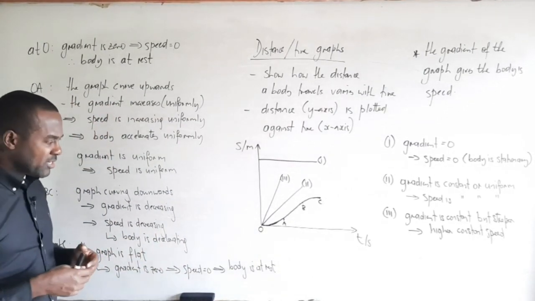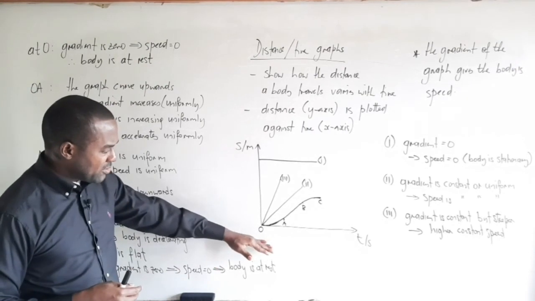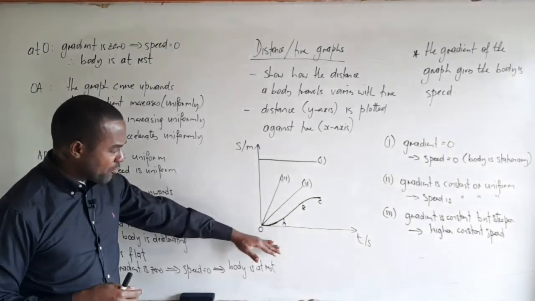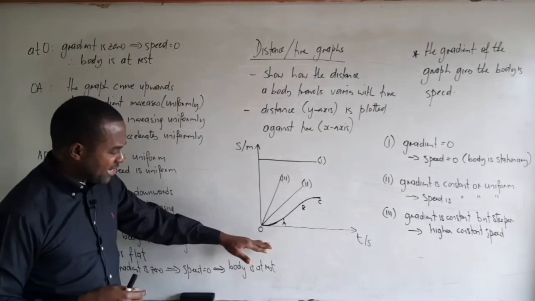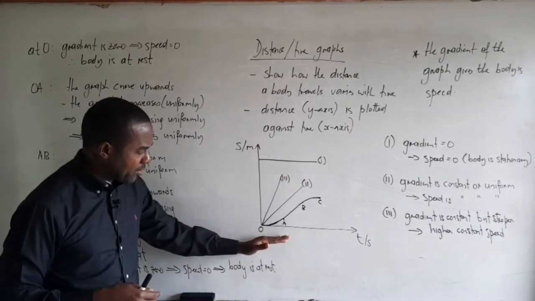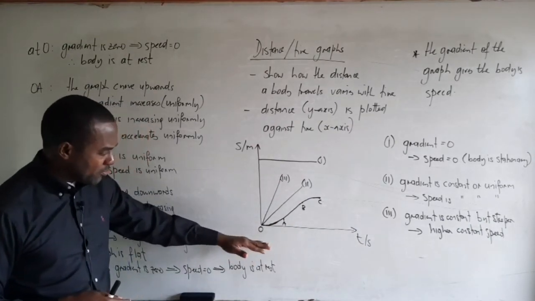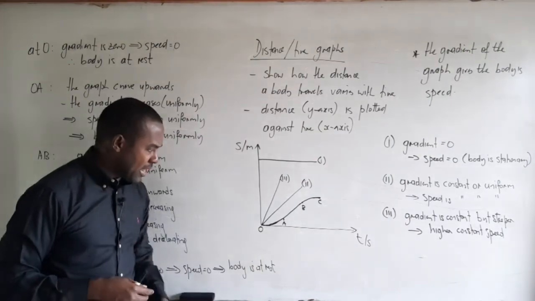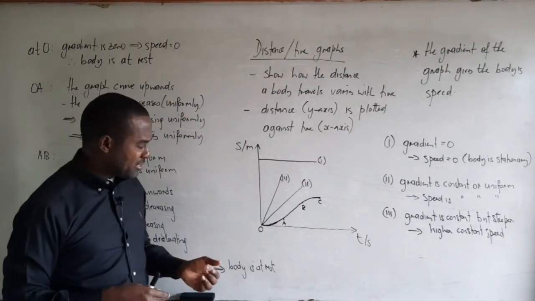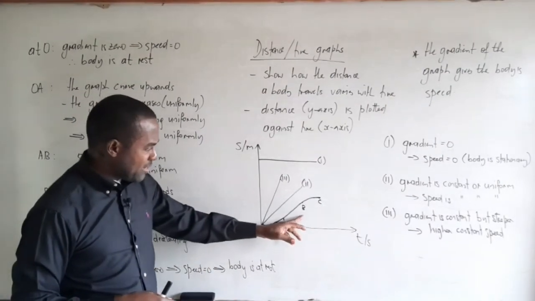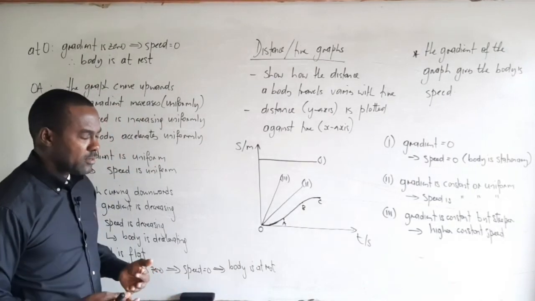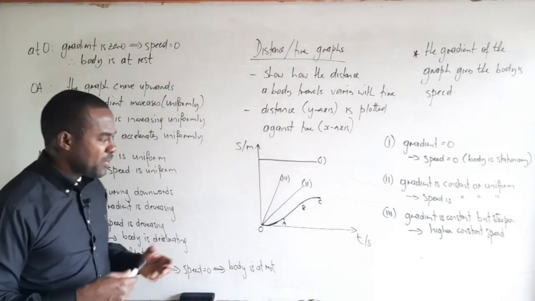And so the body was initially at rest, the graph was initially flat, which means the gradient is equal to 0. Then it starts to curve upwards, meaning that the gradient of course is increasing from 0. The gradient is increasing, and therefore the speed is increasing. Between A and B, it is a straight line, right? And therefore the speed is constant.